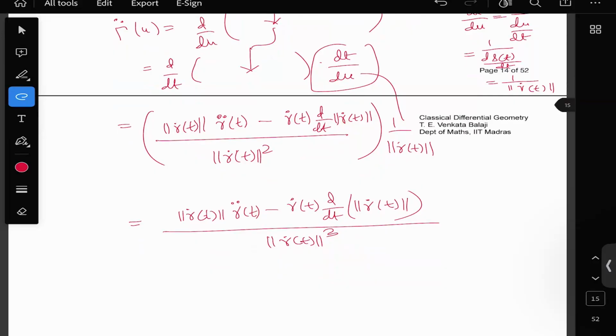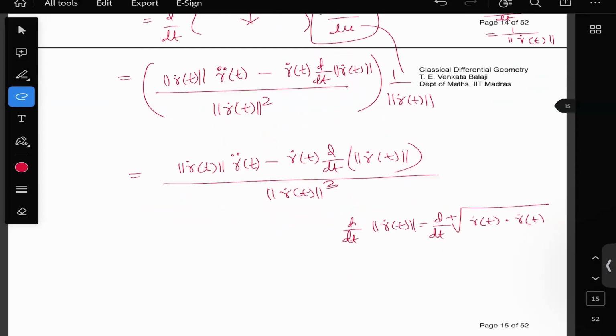Basically, the idea is you use the definition of the norm as coming out from a dot product. So one way you can do it is, d by dt of norm gamma dot of t is by definition d by dt of the square root of gamma dot of t dot gamma dot of t. The derivative of a square root is 1 by 2 square root of gamma dot of t dot gamma dot of t, into d by dt of this product.